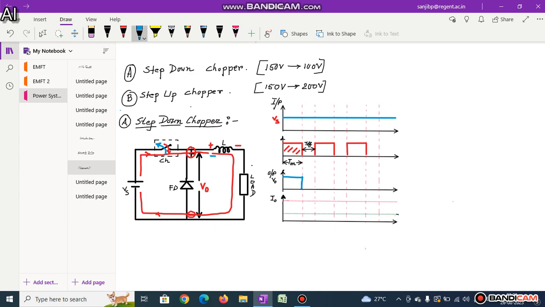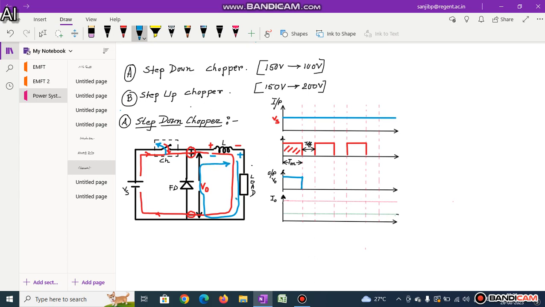It will become minus and it will become plus. As the switch is open and the chopper is off, the charge of the inductor will be released through this path, which I show with this blue line, and it will flow this way.